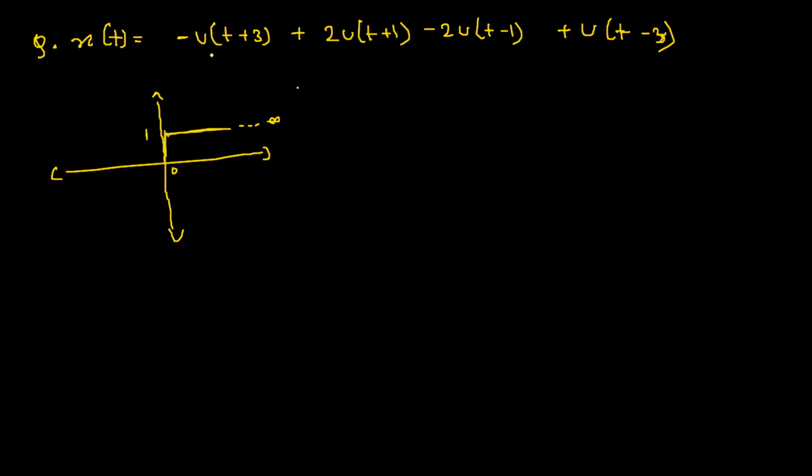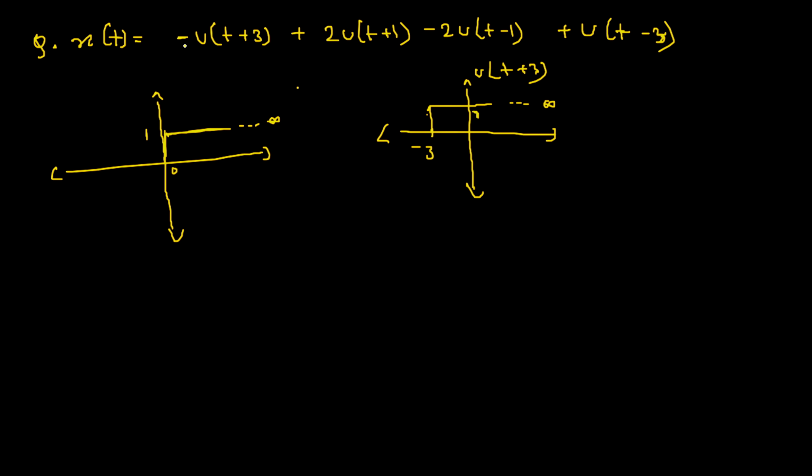So now, if I'm finding u of t plus 3, for t plus t naught, my graph shifts to the left. So from minus 3 onwards, the value of this graph remains 1. But I don't need u of t plus 3. I need minus u of t plus 3.